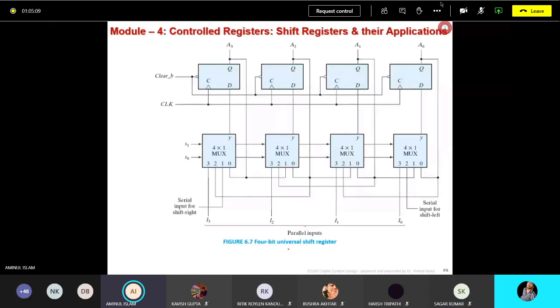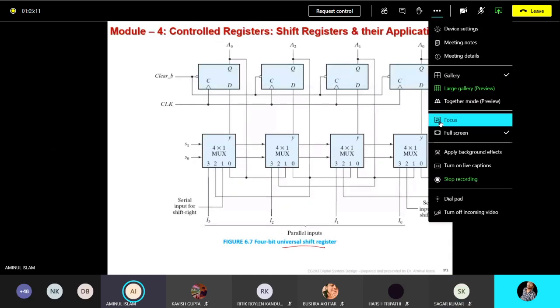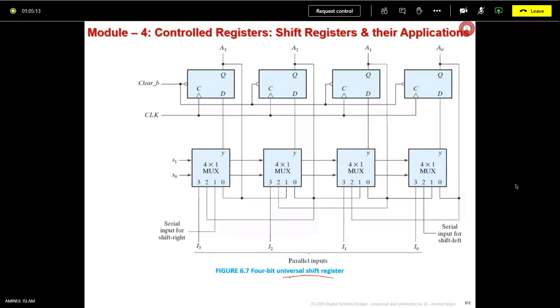Now here it is a universal shift register. Everything is possible in this: serial input for shifting to the left, serial input for shifting to the right, and parallel loading. These are the parallel inputs. Parallel loading will be done, and parallel output also can be obtained from this.